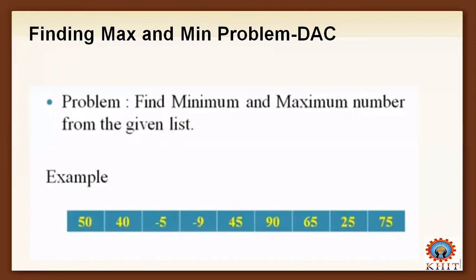The elements are placed in randomized order. From the given array, we need to find which element is the maximum element and which element is the minimum element. We can solve the problem directly, and we can solve the problem by using the principle of divide and conquer strategy.